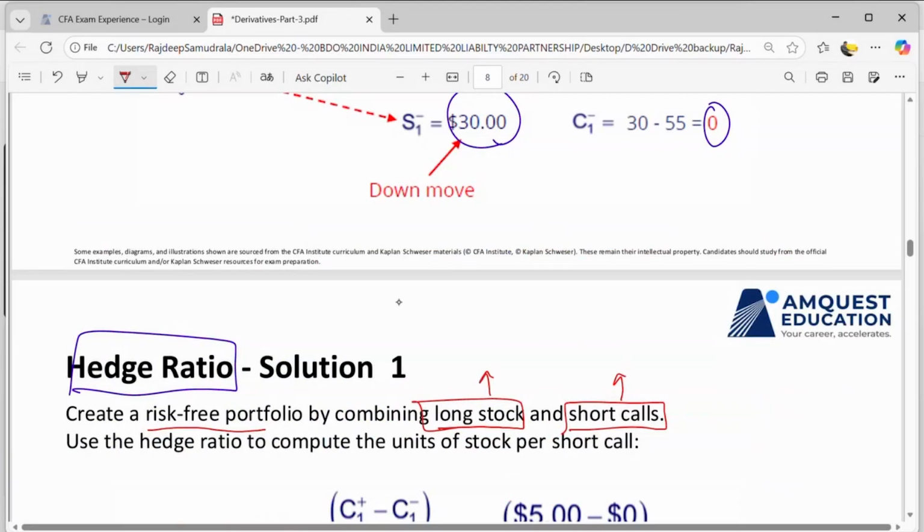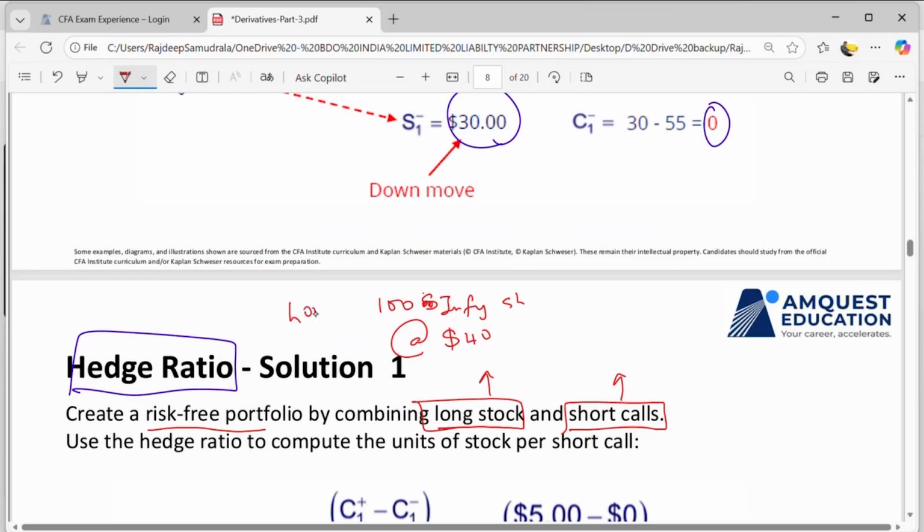Example, let's say I bought 100 Infosys shares. Infosys shares at let's say $40.